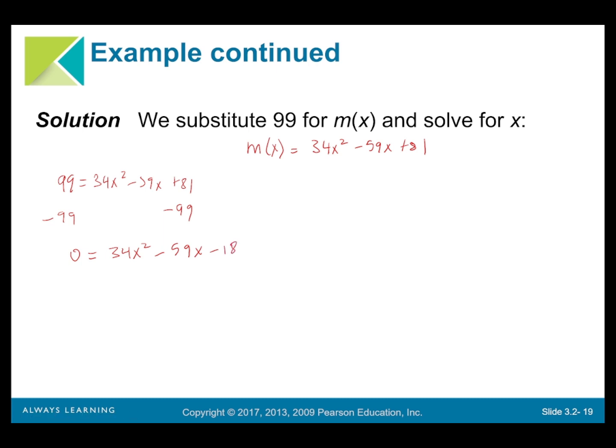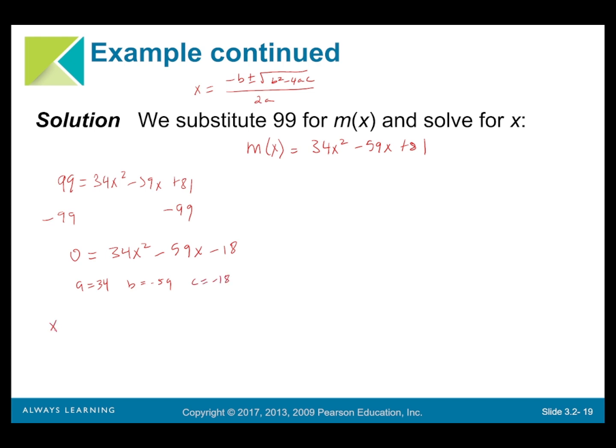Now to solve this, we're going to use our quadratic formula, which is, of course, x equals negative b plus or minus the square root of b squared minus 4ac, all over 2a. In our question, a is 34, b is negative 59, and c is negative 18.